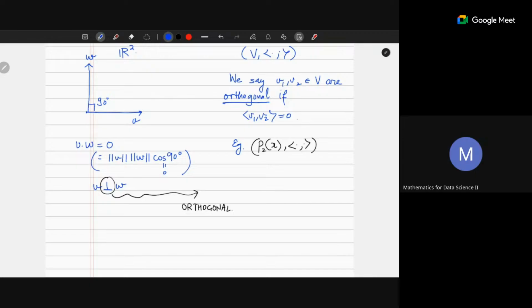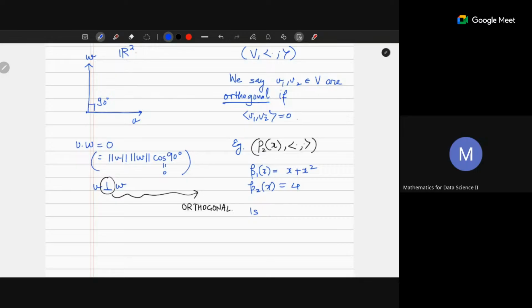Now we check that P1 of x, which is given by x plus x square, and P2 of x, which is 4. Now is P1 orthogonal to P2?